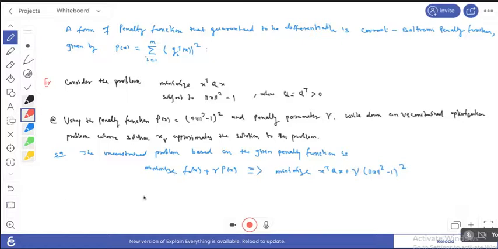Okay, so now if we solve further, here by the first order necessary condition, your optimal solution, that is x gamma, which is the approximate solution, is the one that satisfies the derivative equals zero.